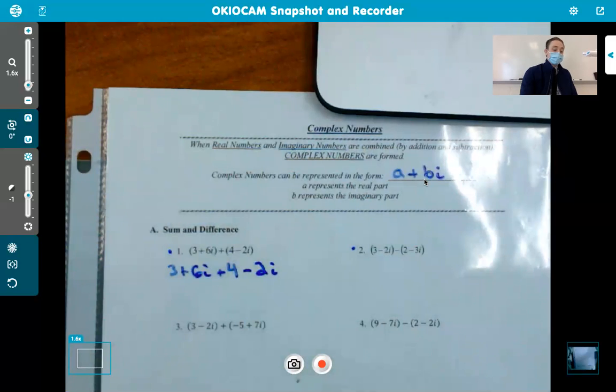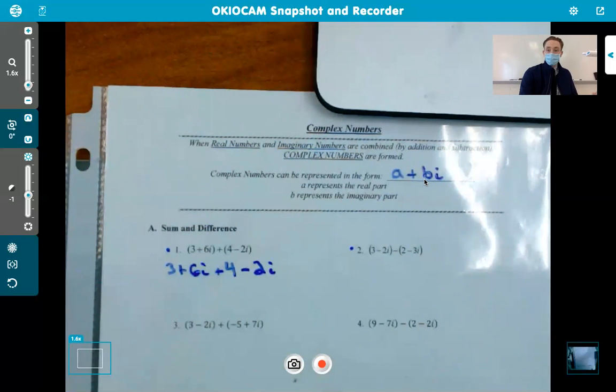I drop those and I just rewrite the same line there, but it might help me with understanding how I can combine like terms, okay? Just like when dealing with variables, you can combine things that don't have variables attached and things that do. Well, it's the same thing here. I can only combine real numbers with real numbers and imaginary numbers with imaginary numbers.